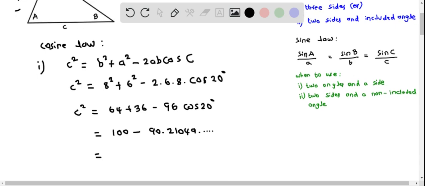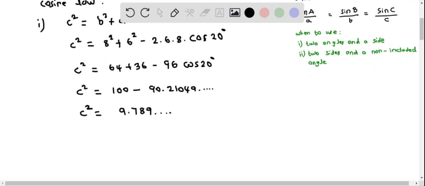So let's do the subtraction. We have to subtract this number from 100. So let me do that, and this gives 9.789. This is a non-terminating decimal. So this is c squared. But since we want to determine c, we have to take the square root on both sides.